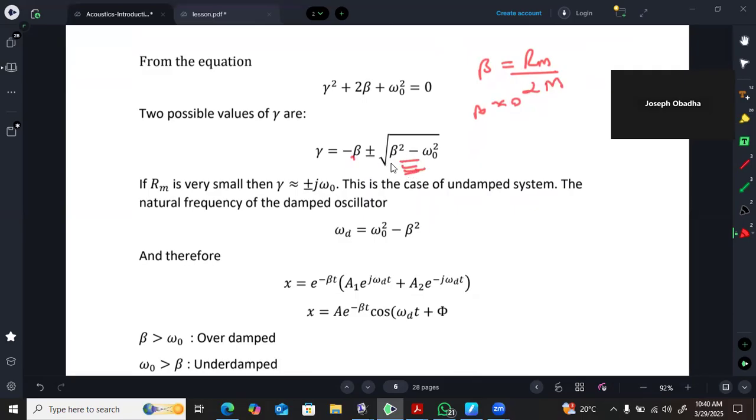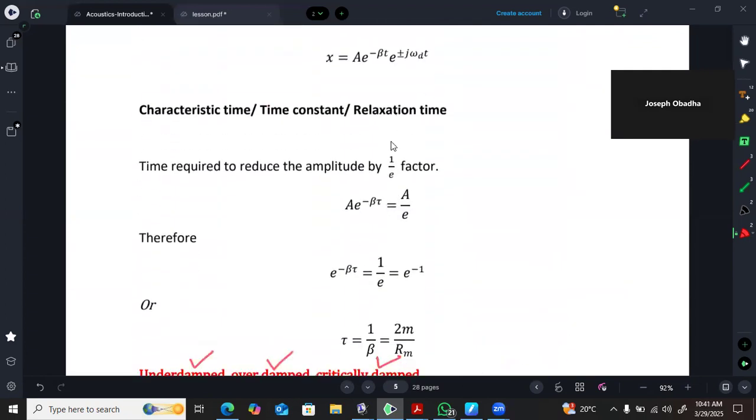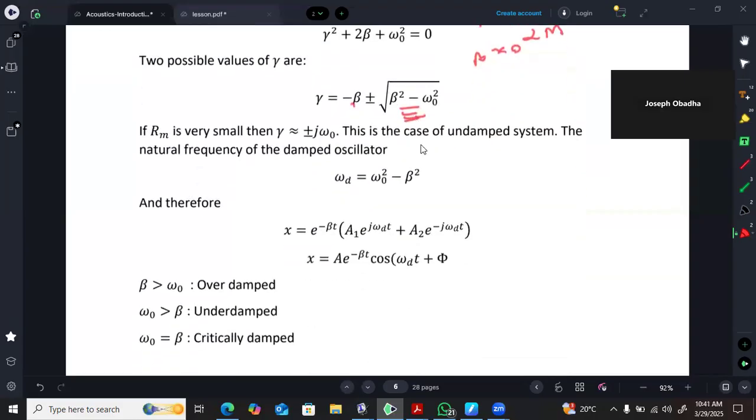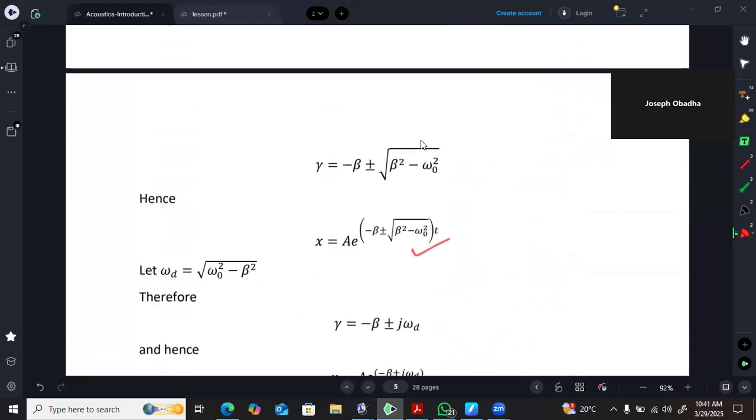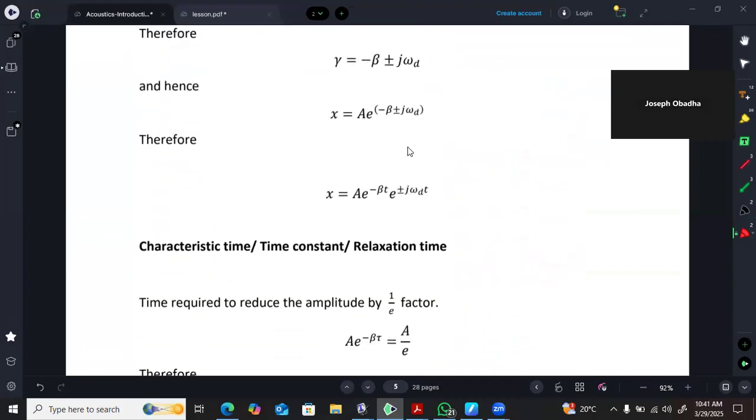If this is positive, then you look at what is happening here. Then it is positive and real. So this value would actually be positive and real, so it would be reducing very fast.